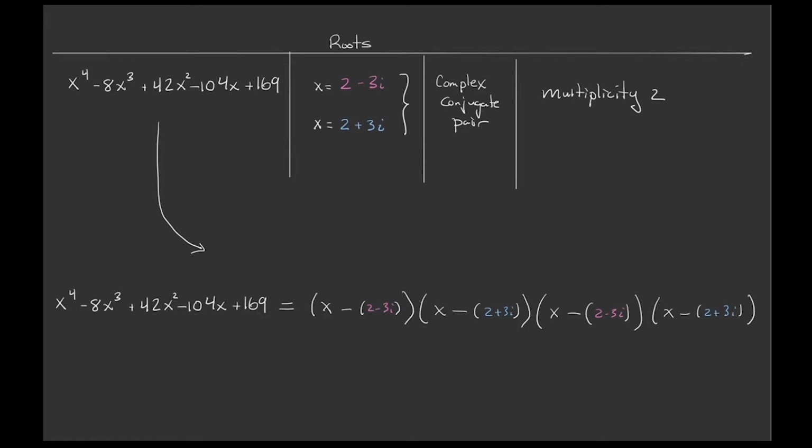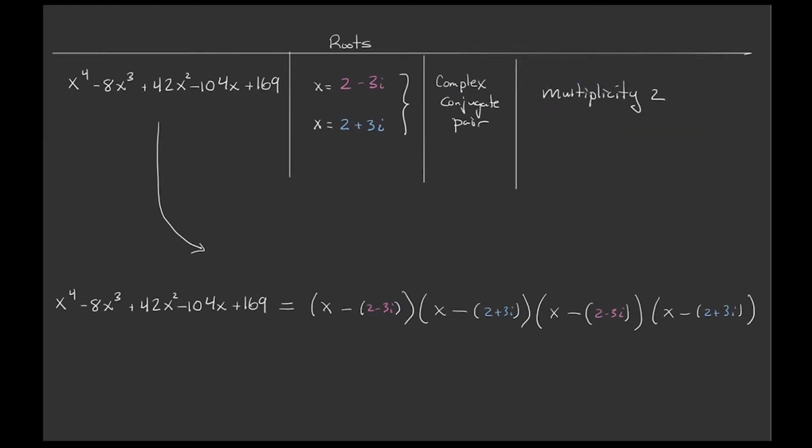And of course, if we have x minus 2 minus 3i, we have x minus 2 plus 3i, because 2 minus 3i and 2 plus 3i are complex conjugate pairs. So we have the pair appearing once here and a second time here. Therefore, the complex conjugate pair has multiplicity 2.